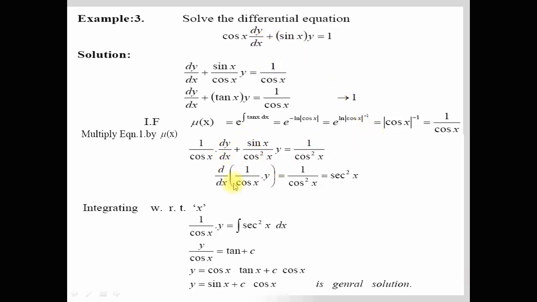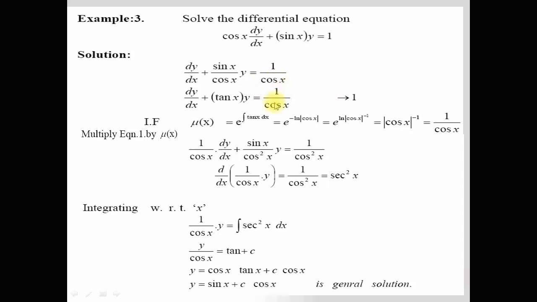So dear students, since the inspection method is complicated for the students, you can find the solution easily by using the formula after finding the integrating factor. The solution of the linear differential equation will be the integrating factor times y equal to the integration of the integrating factor times the q function.